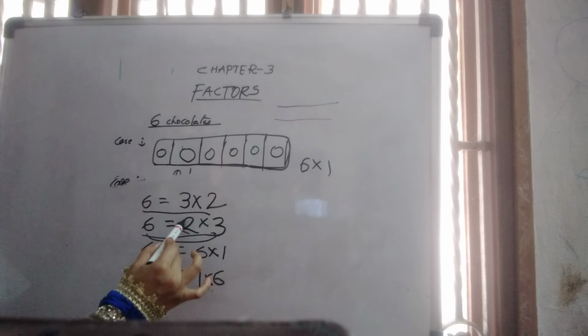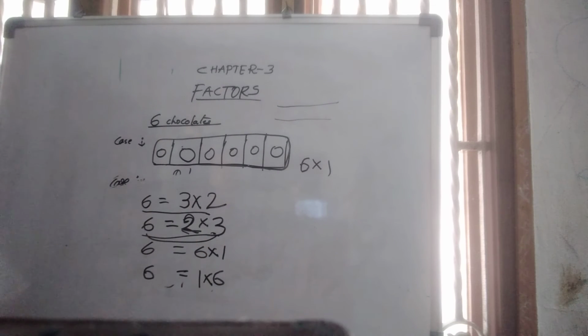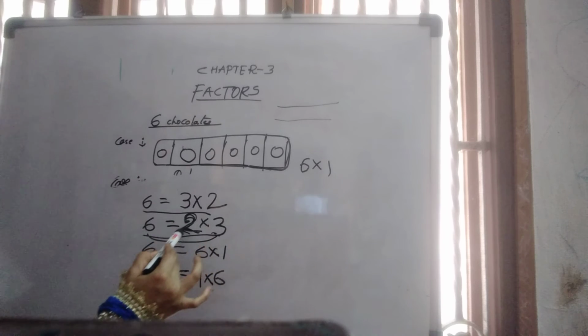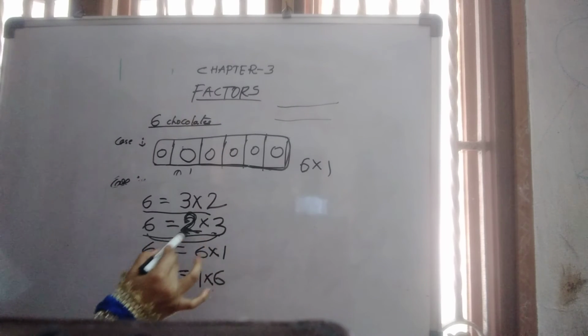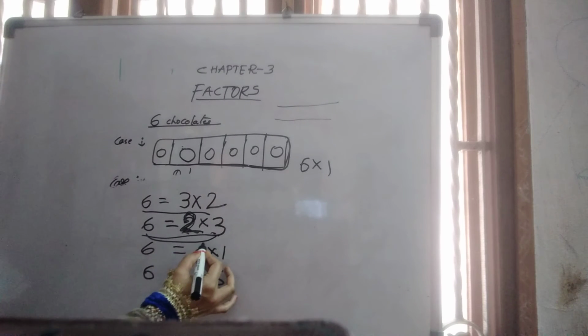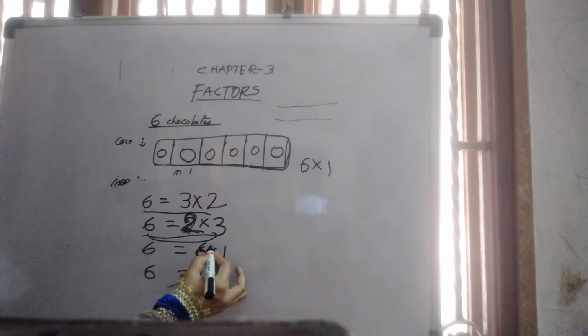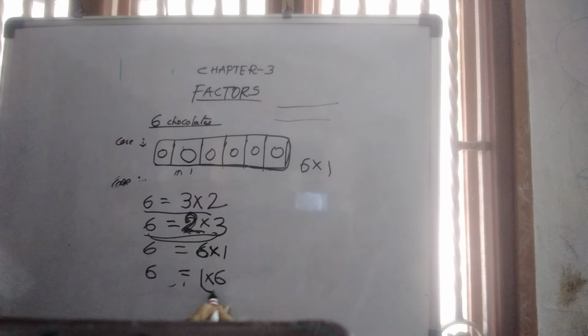So 2 and 3 are called factors of 6. We have to write it like this: 2 and 3 are factors of 6. And in the next way, the other product is 6 into 1: 6 columns, 1 chocolate, and 1 column, 6 chocolates. 6 and 1 are also factors of 6.